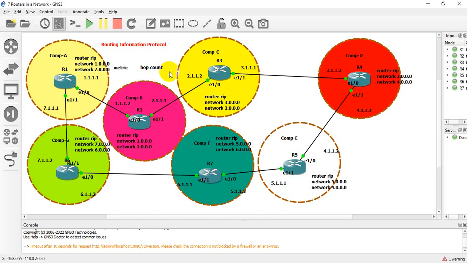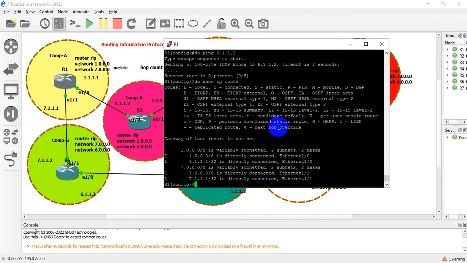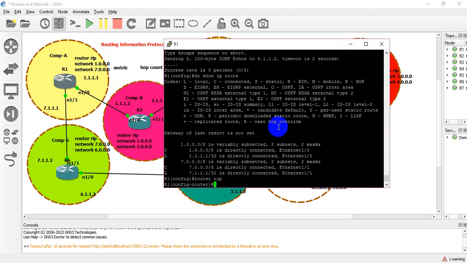After this, the routing table will be completed, and all 7 networks will be available in each router, and they can communicate across the different networks. So our big project will be completed. So how to do this? Simply apply these commands in each router, nothing else. Nothing difficult in this to configure routing information protocol.